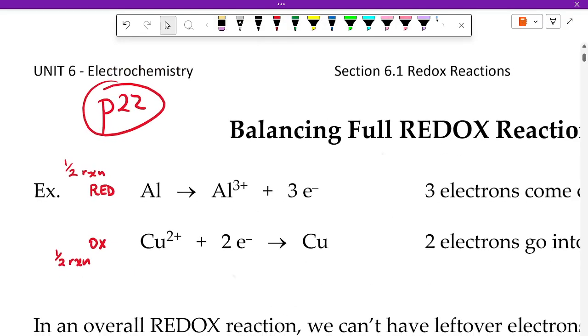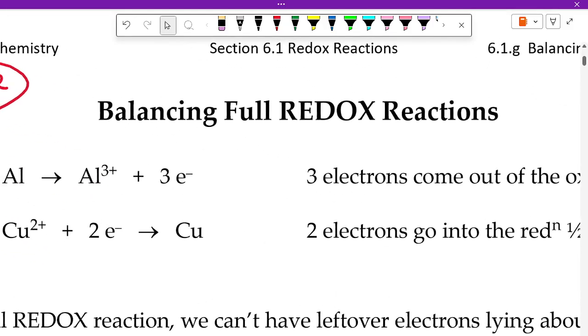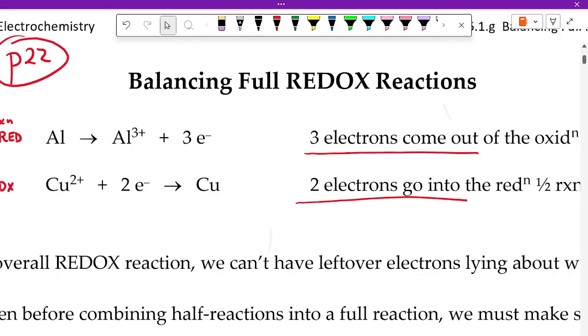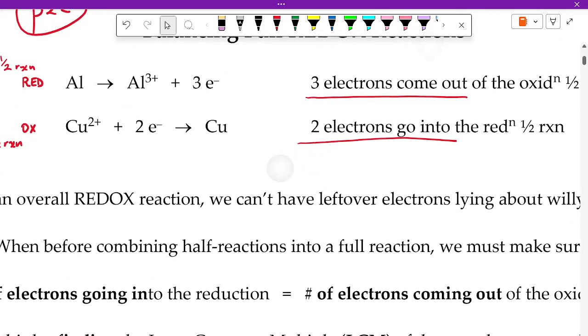What I need to do is I need to not have 3 electrons coming out and 2 electrons going in. I have to have the same number of electrons being lost and being gained. Yes? We want 6 electrons.